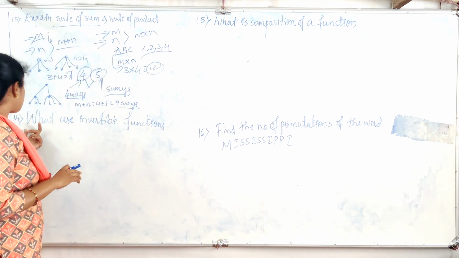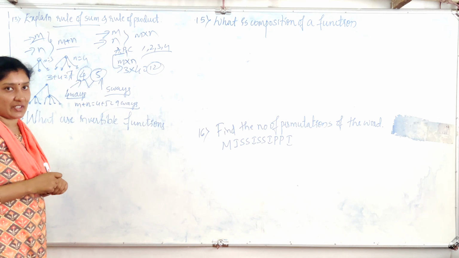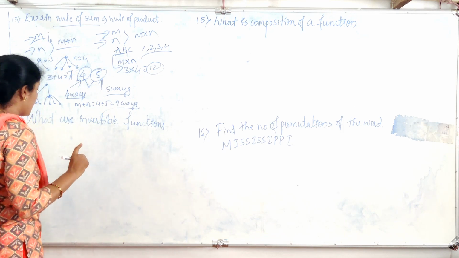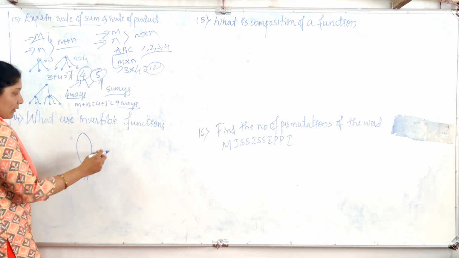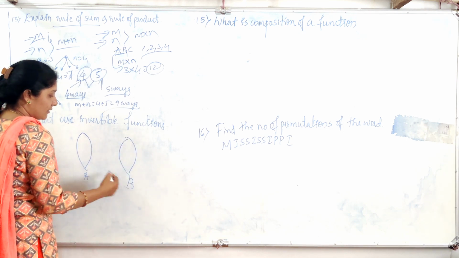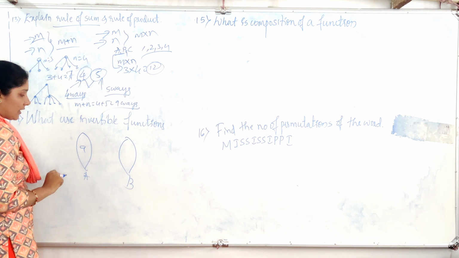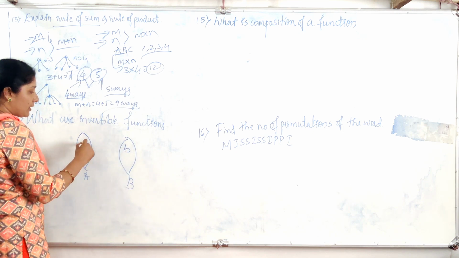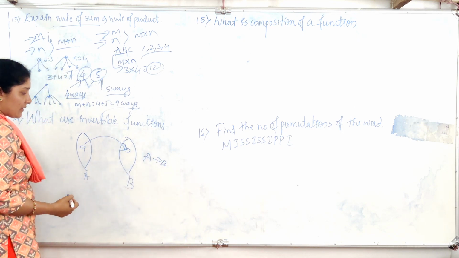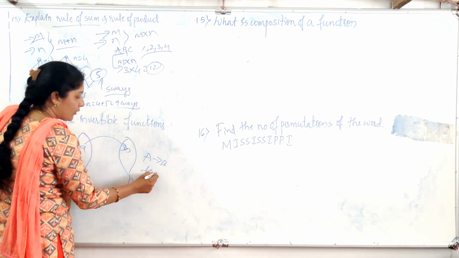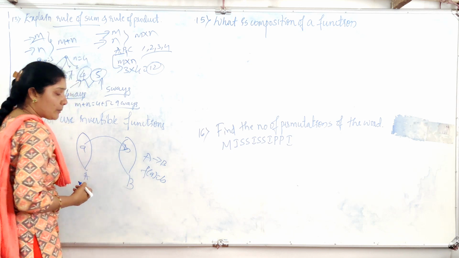Okay, next. What are invertible functions? This we have also studied. See, when we have a set A and set B, there is a in A and there is b in B, and the relation from A to B. So here f of a is nothing but b.